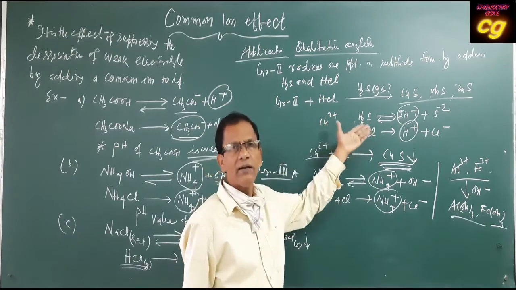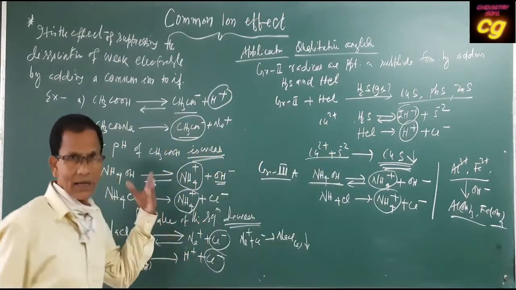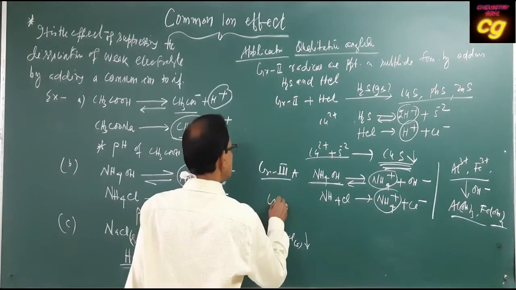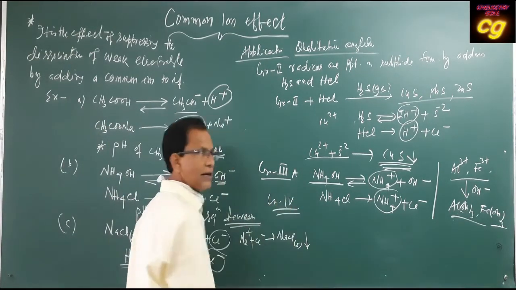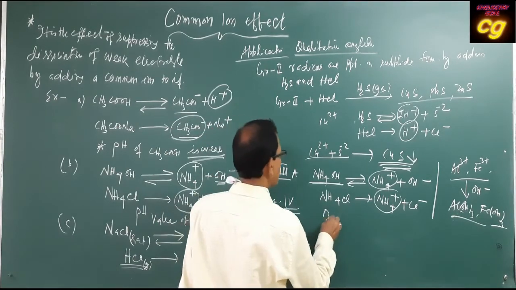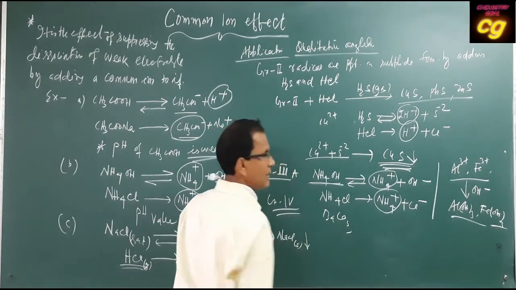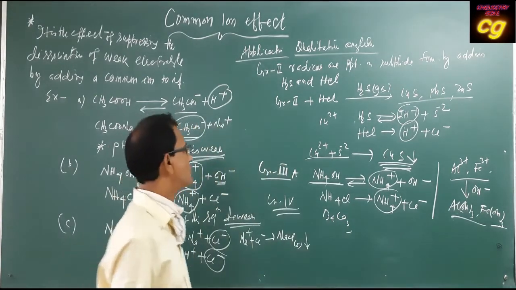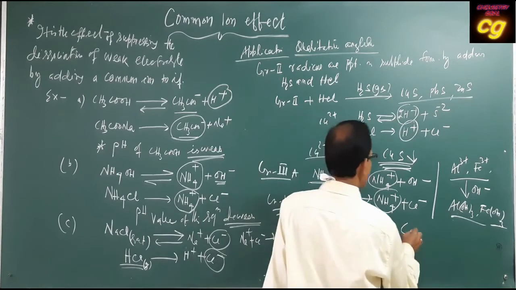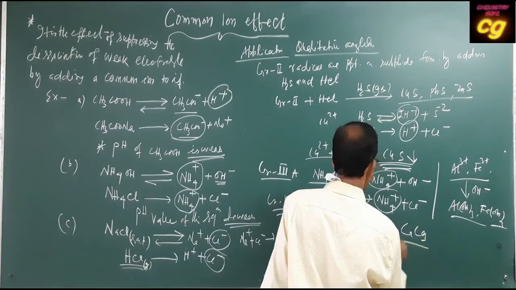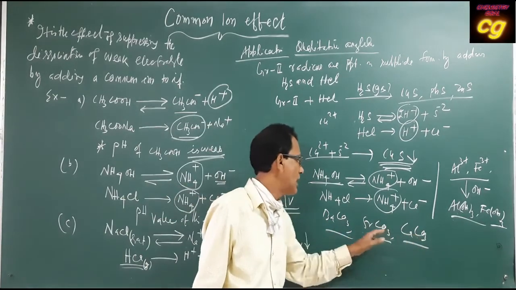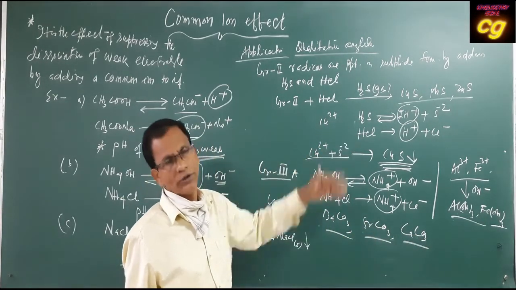So the corresponding salt which has low solubility product will be precipitated in the form of hydroxide, in the form of sulfide, like this, and in the form of carbonate. Group 4 is also precipitated as carbonate, such as barium carbonate, strontium carbonate, calcium carbonate, because their solubility products are low compared to others.